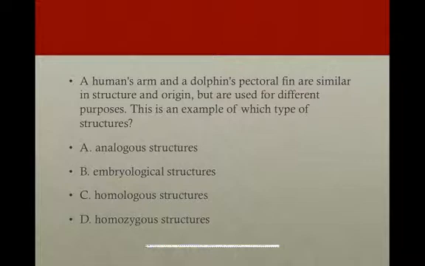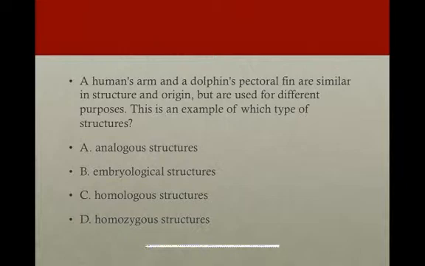Okay, let's go over this question because I don't think this term was on our list. So, what do you guys think? A human arm and a dolphin pectoral fin are similar in structure and origin, but are used for different purposes. This is what type of structure? I have C, homologous. Homologous.